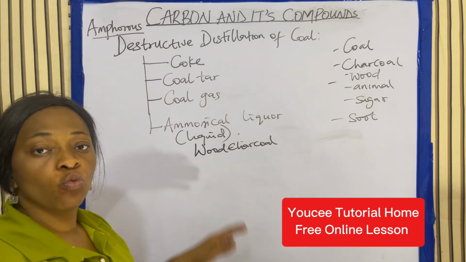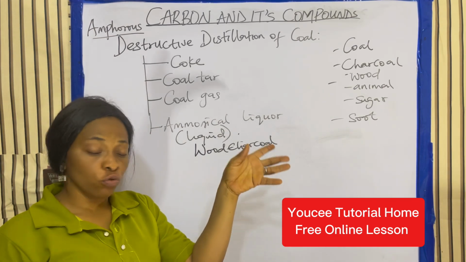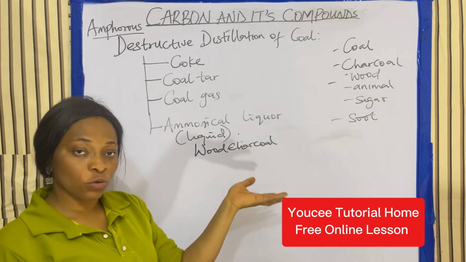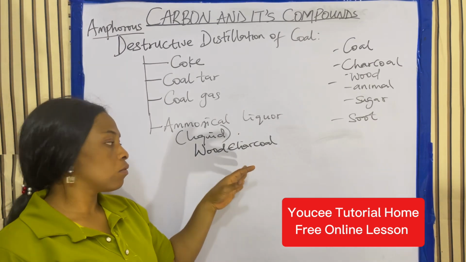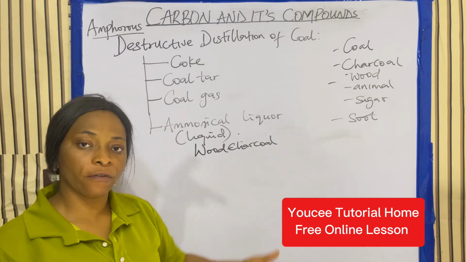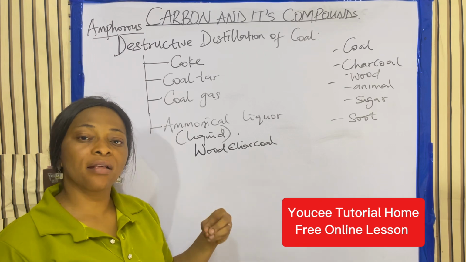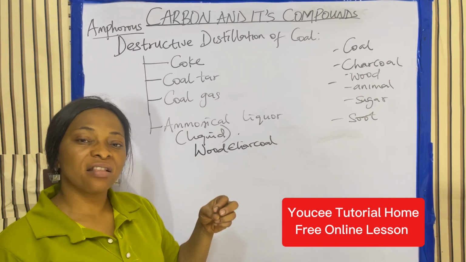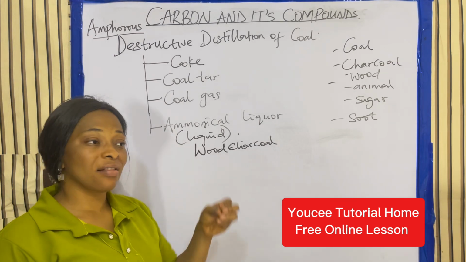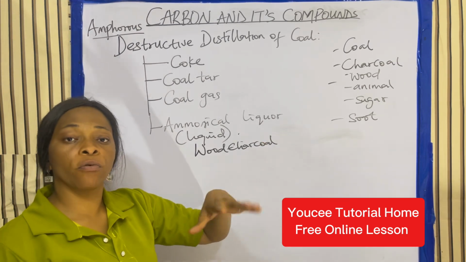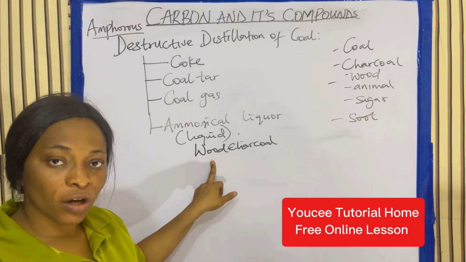It is by burning wood, the normal firewood, in the absence of air or in insufficient supply of air. It will give us wood charcoal. That is the normal charcoal you see people roasting corn use.